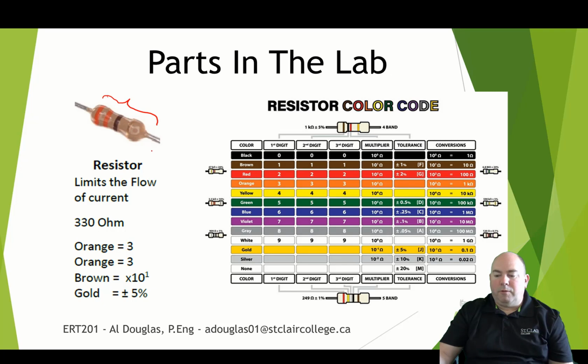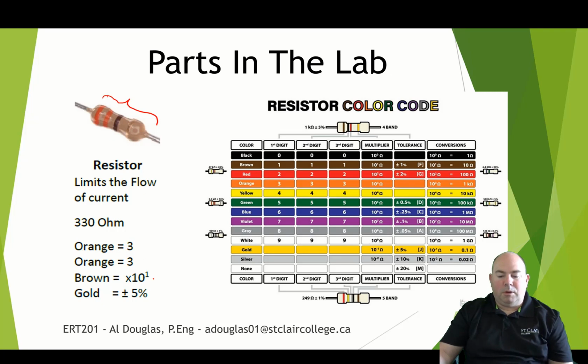Most that we will see have 4. They can have up to 5, I think. But most will have 4. The way these colors work, the first two colors are numbers. So in this case here, orange and orange represent 3 and 3. The next color is a multiplier.